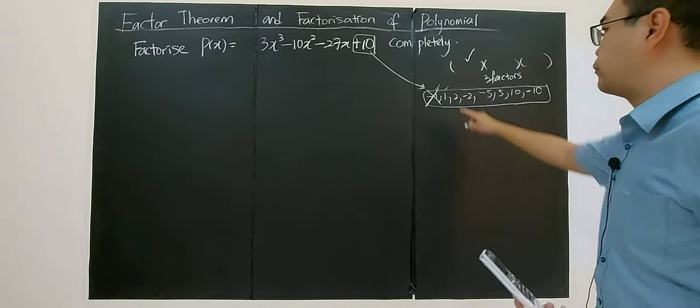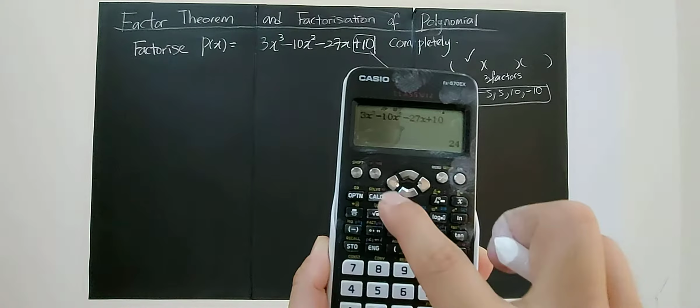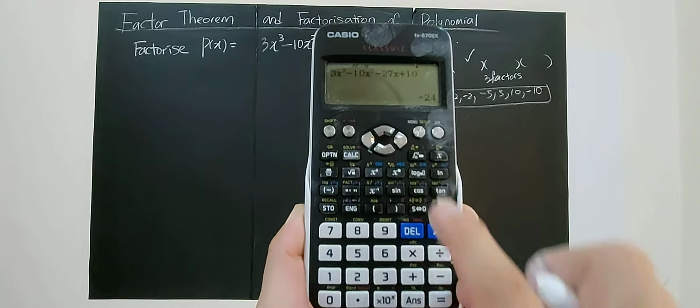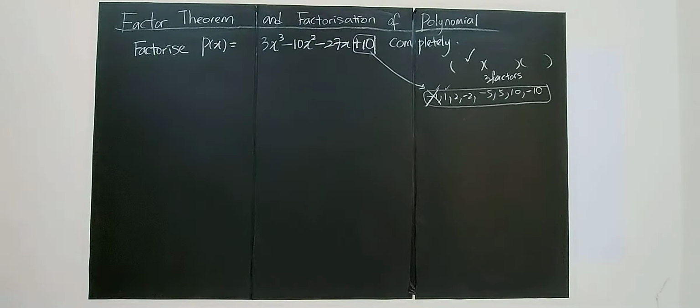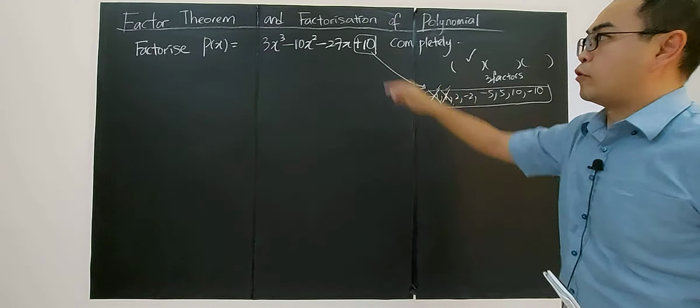Then we go for 1. We calculate 1, and equals negative 24, so it's not a zero for this polynomial.